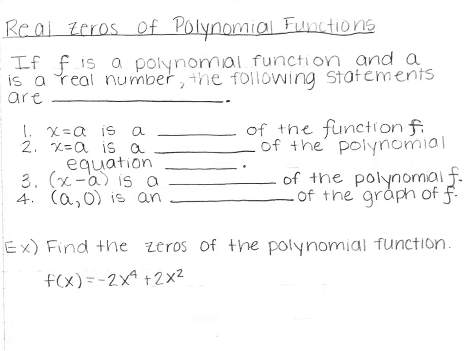So we're going to take a look at some equivalency of statements here. When we talk about real zeros of polynomial functions, if f is a polynomial function and a is a real number, the following statements are equivalent.